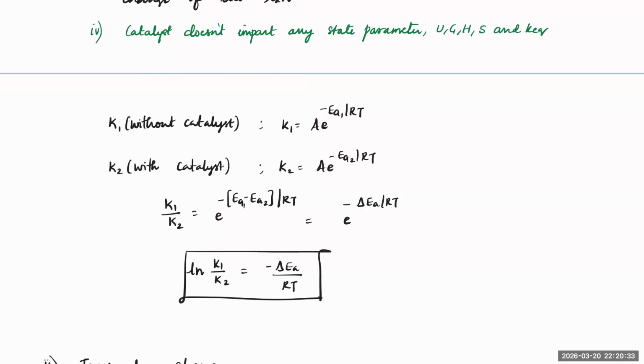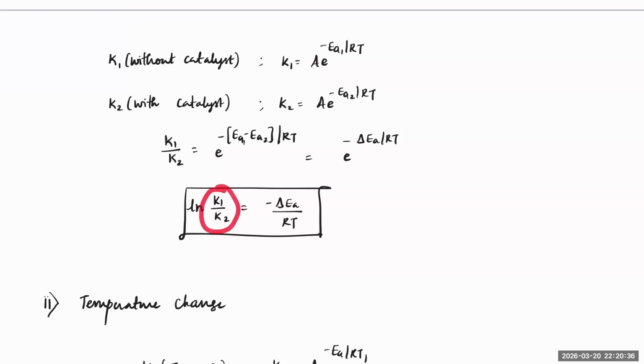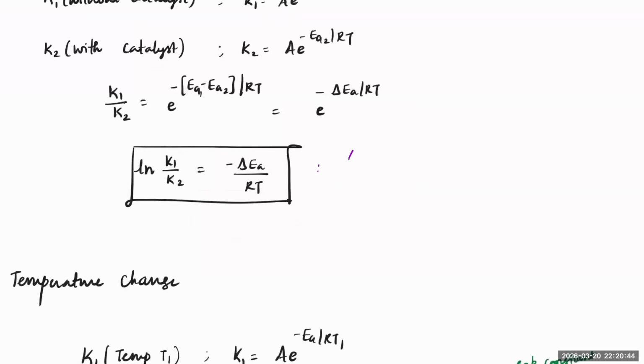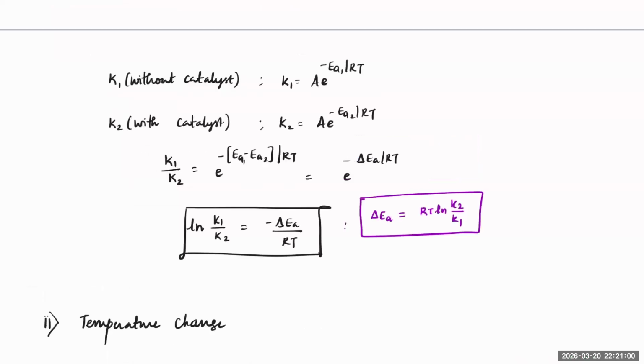So ln k1 by k2, I can write as minus delta Ea by RT. From here, delta Ea, which is the difference in activation energy created due to adding the catalyst, will be equal to RT ln k2 by k1. Correct? So this is the difference created by the difference in activation energies. Clear?